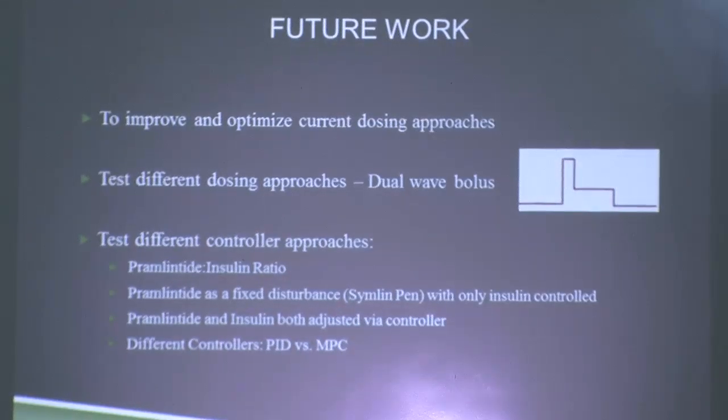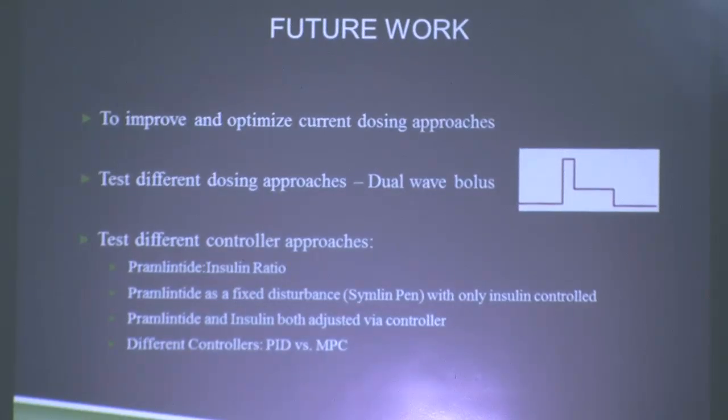So for future work, we hope to use this model to improve and optimize current dosing approaches, test different dosing approaches such as a dual dose bolus, as seen here. It combines a normal bolus with the infusion. And then also to test different control approaches. So to test pramlintide and insulin at the natural ratio that occurs within the body naturally.